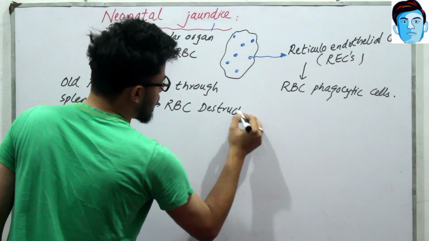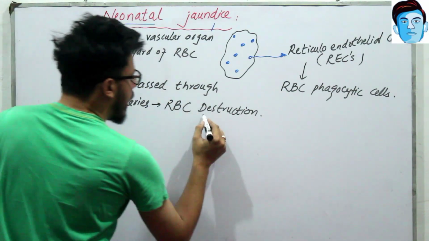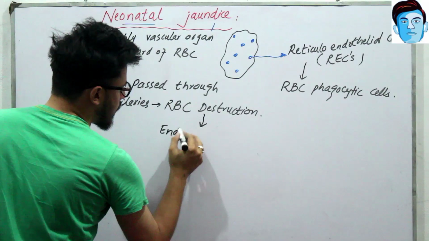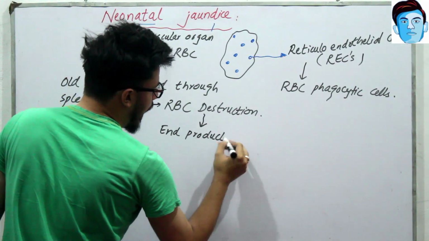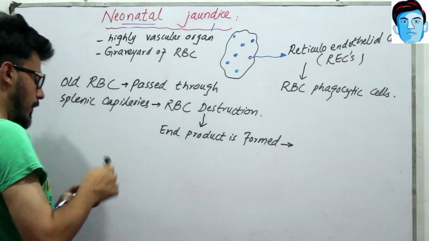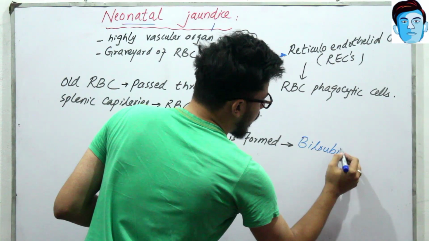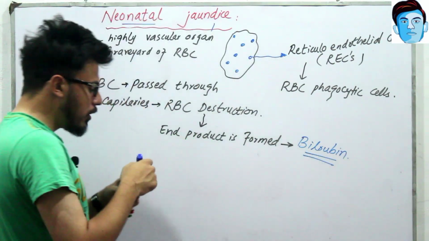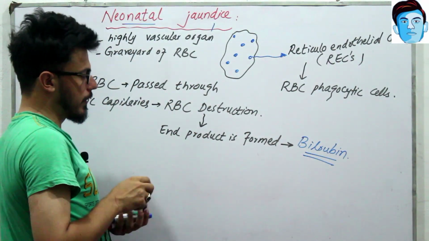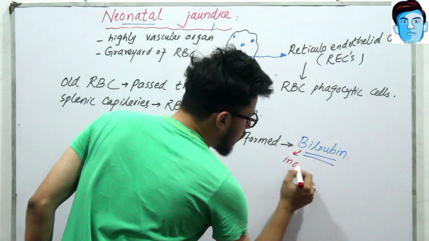Whenever RBC gets destroyed, it gets disrupted, so the end product is formed, and that end product is called bilirubin. The bilirubin that is formed here is called indirect bilirubin.